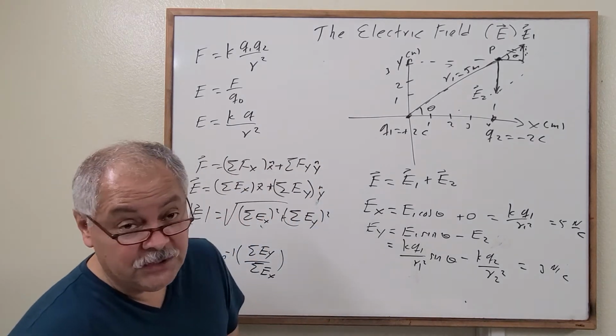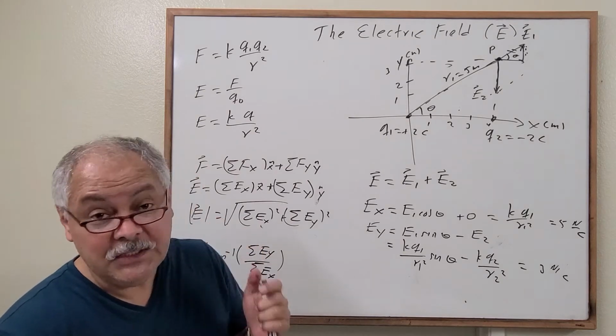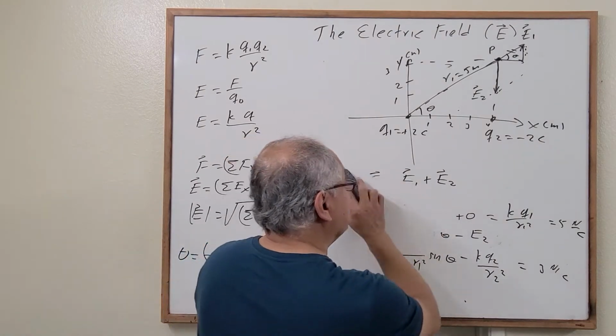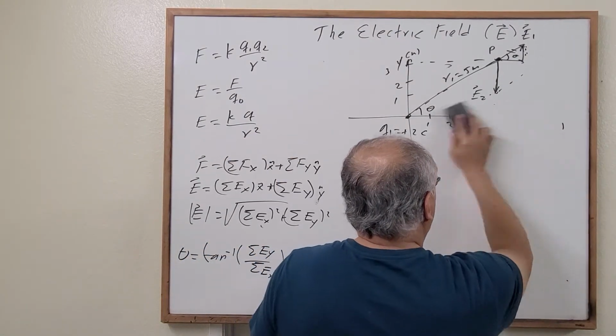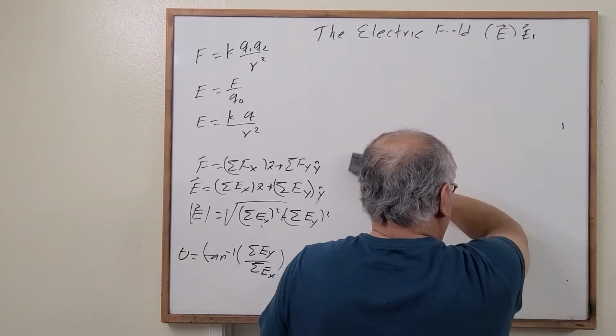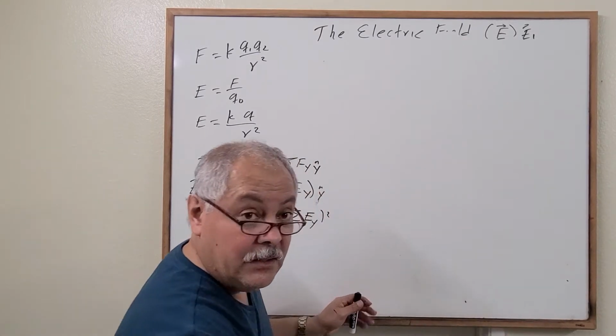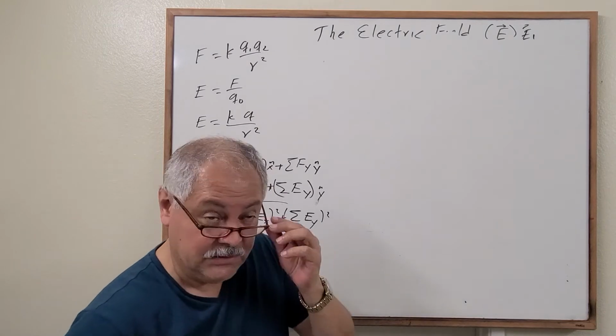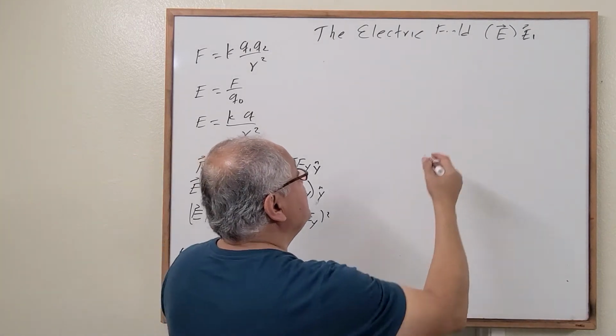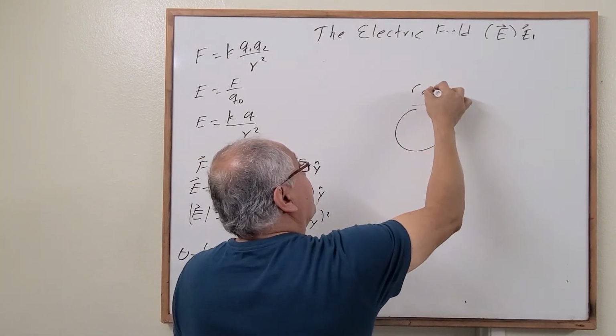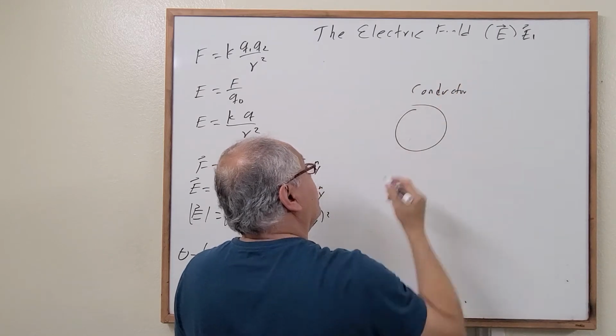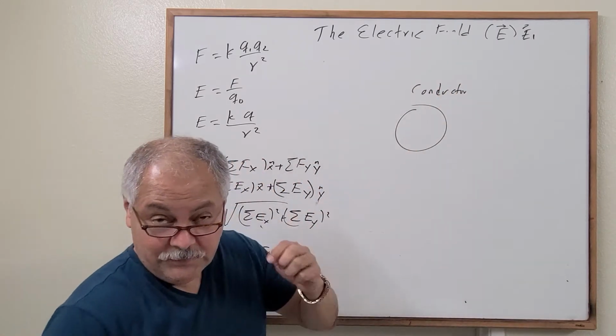Now let's see what happens when we have a conductor and an insulator. What's the difference? Okay, look, when we have a conductor, like metals, right? Metals are conductors. Imagine this is the conductor, and it's neutral.